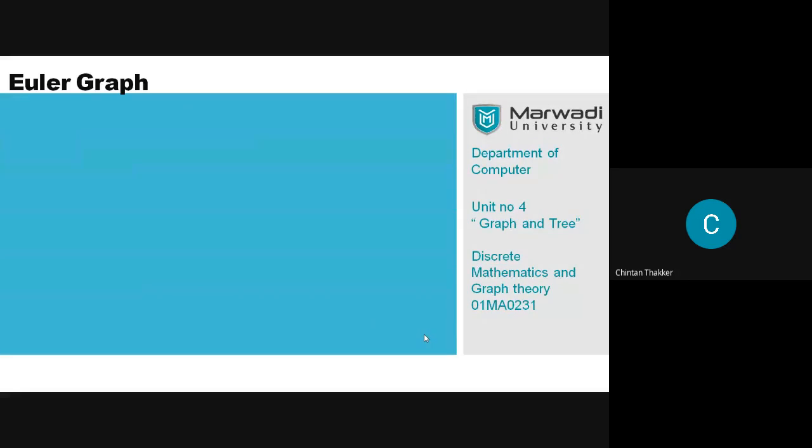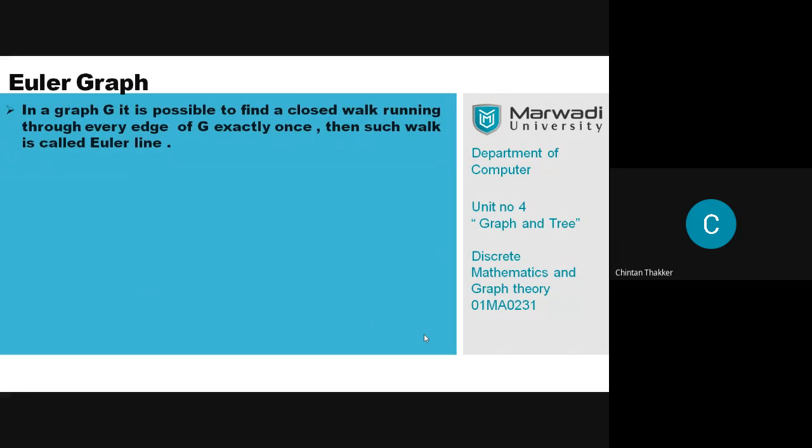You want to find a closed walk from one place such that every bridge is used only once in the walk, right? That type of walk is called the Euler line, and the graph which contains the Euler line is called an Euler graph.